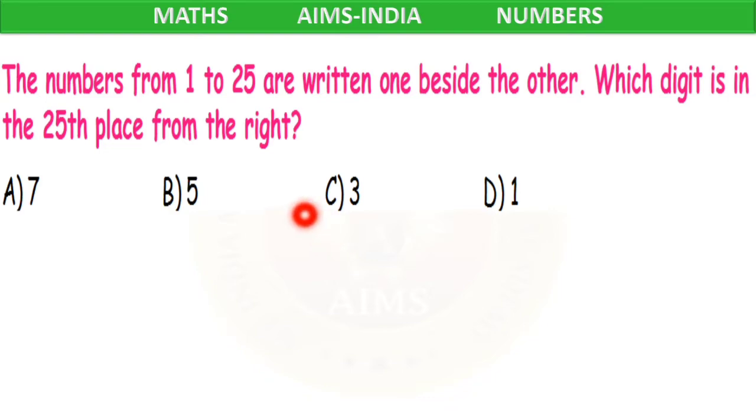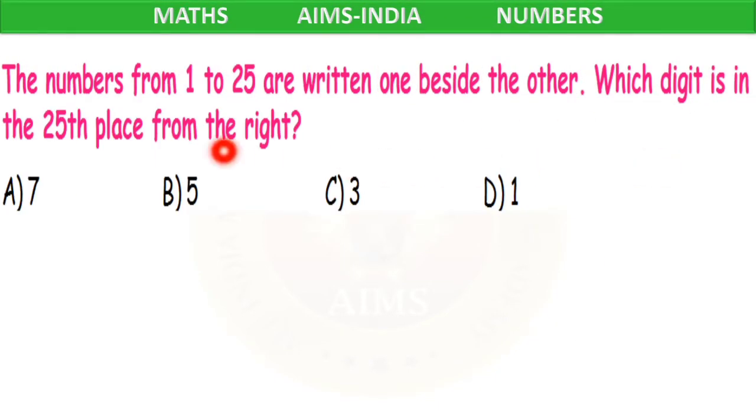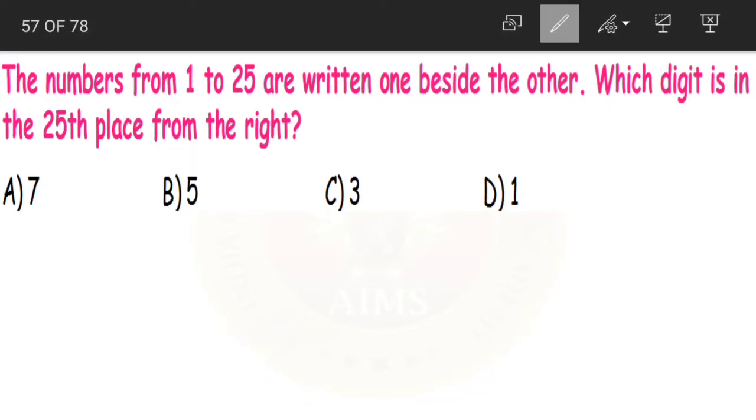Next question. The numbers from 1 to 25 are written one beside another. Which digit is in 25th place from right? What are they saying? All the numbers are written one beside the other.